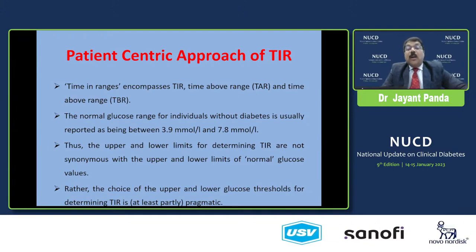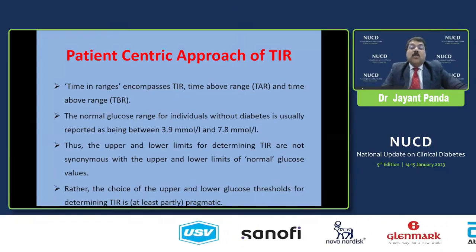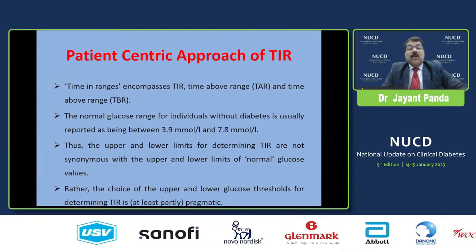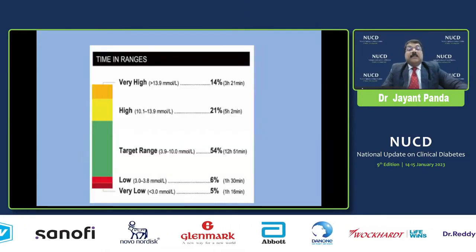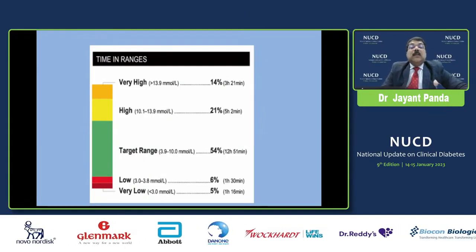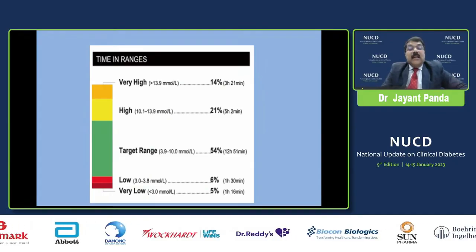So 70 and 180 are much broader than our normal diagnosing limits. So the choice of upper and lower glucose thresholds for determining TIR is partly pragmatic. So here you can say more than 13.9 millimole is very high and less than 3 is very low.